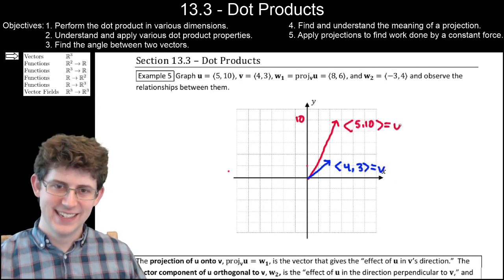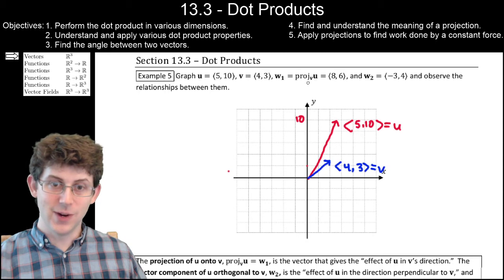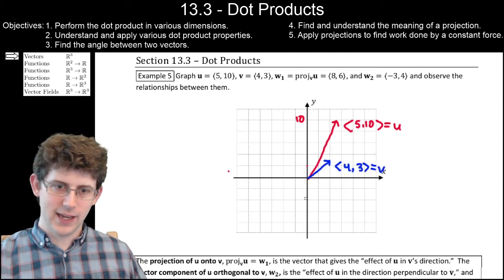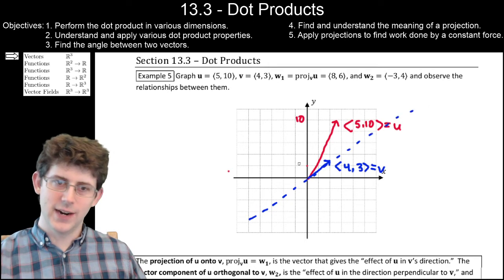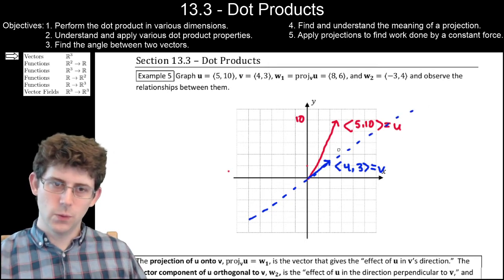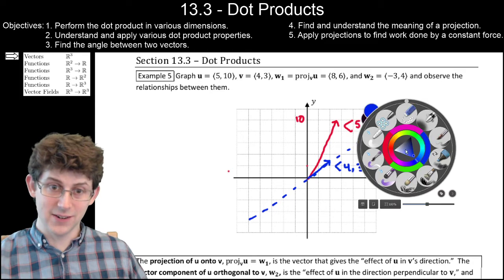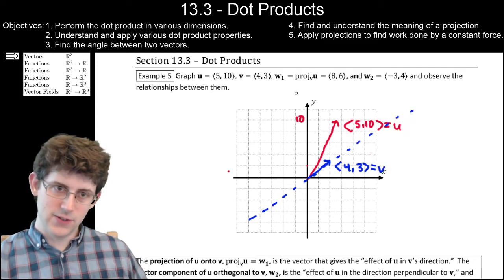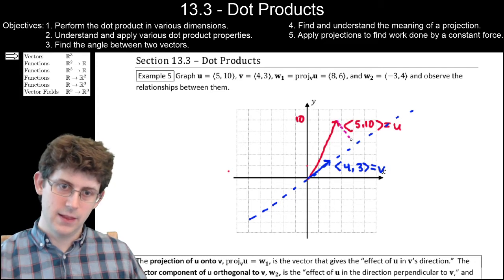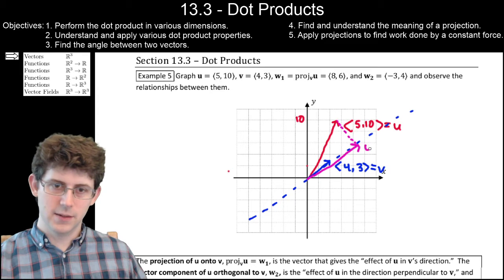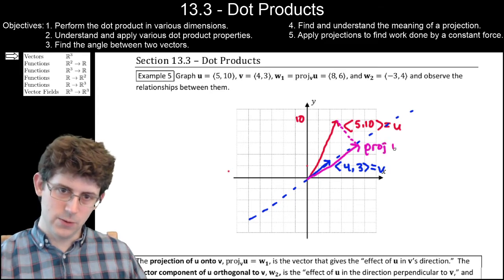This is u. If we're projecting u onto v, then we say, okay, here's the v direction. How much does u go in the v direction? And the answer is you shine the light down perpendicular to the direction of v. And this is the projection of u onto v.